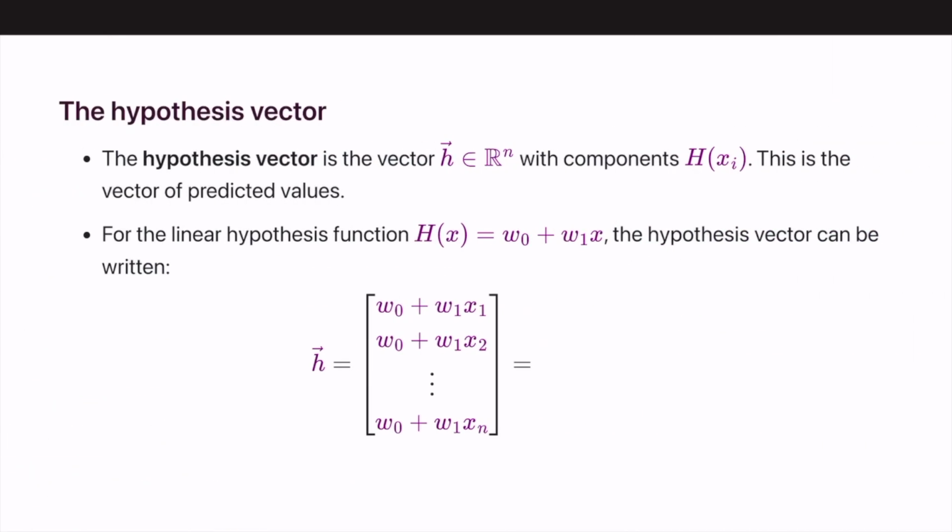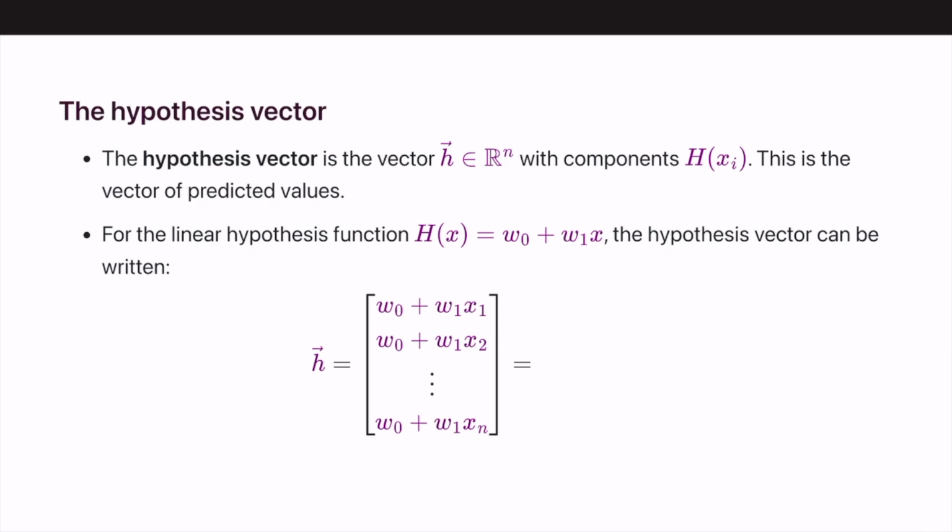Okay, so we want to figure out a way to create some nomenclature around how we can define this hypothesis vector, because this hypothesis vector winds up including all this stuff in it, and we need to be able to package this stuff into matrices and vectors in order to handle it. So it's important to note that each of these rows in your hypothesis vector does represent the hypothesis function.